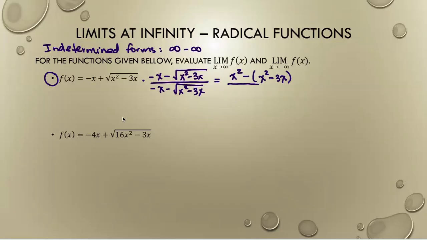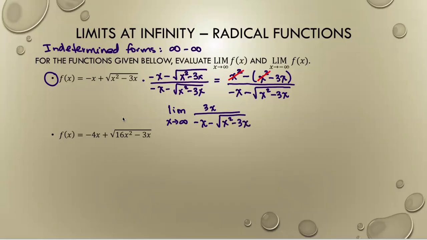In the denominator, we have minus x minus the root of x squared minus 3x. Now this x squared is going to cancel out with that one because one is positive and the other one is negative. So right now we are working with the limit as x approaches infinity of negative and negative, which is a positive 3x over minus x minus the root of x squared minus 3x.